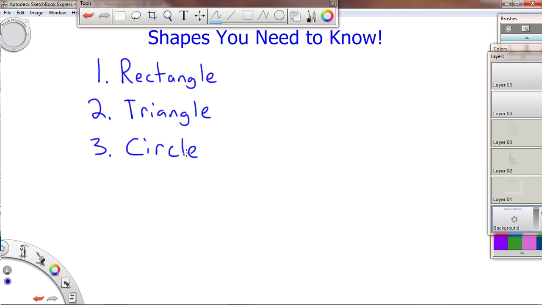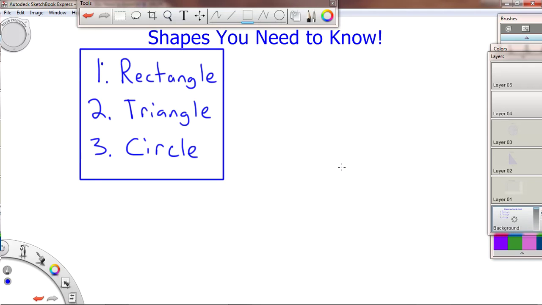They could be quarter circles, they could be half circles, they could be weird composite figures. But if you know these three shapes, and you know how to calculate the area and perimeter of these three shapes, you're going to do just fine on any test I give you.